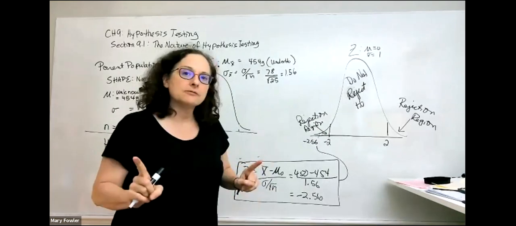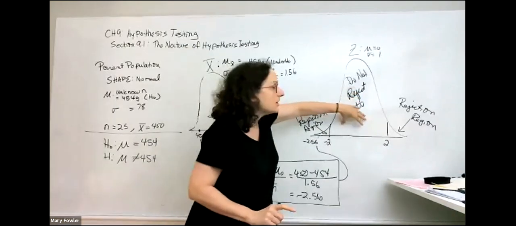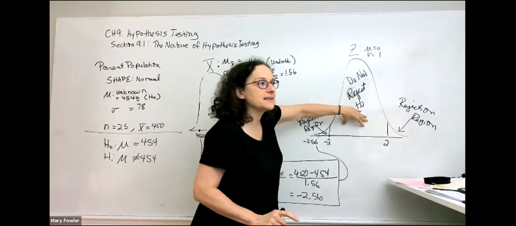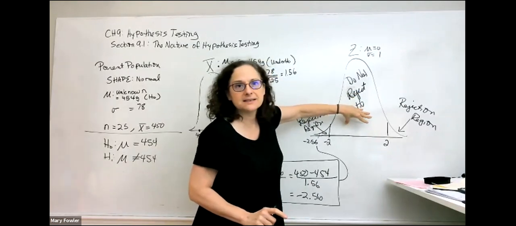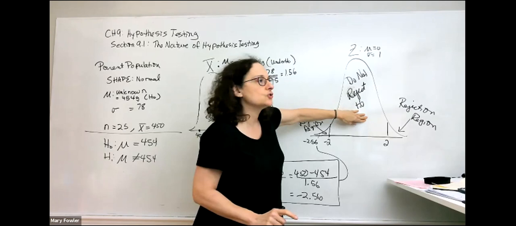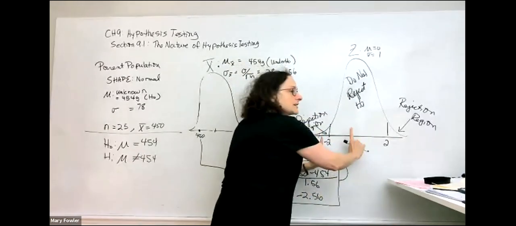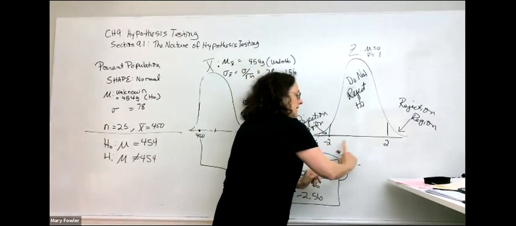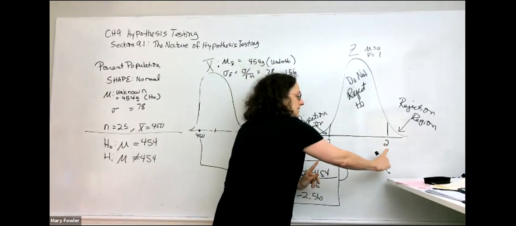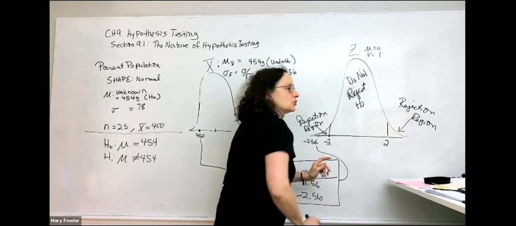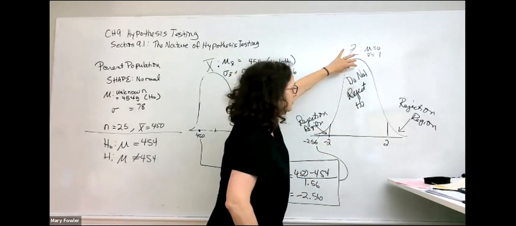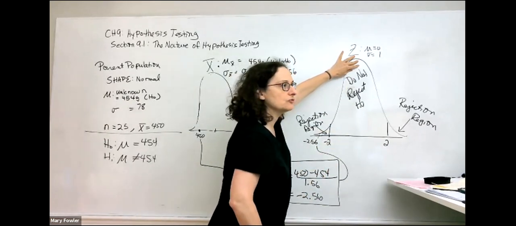The non-rejection region is the set of values of the test statistic that leads to non-rejection of the null hypothesis. So for our example, we had agreed that if my test statistic was between -2 and 2, I would not reject. So this becomes the do not reject region.